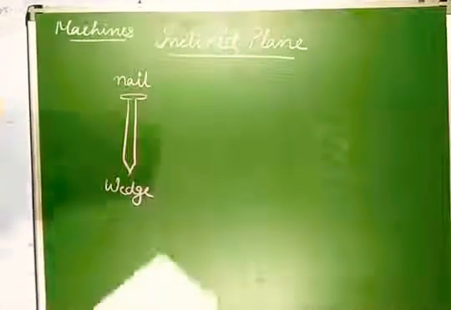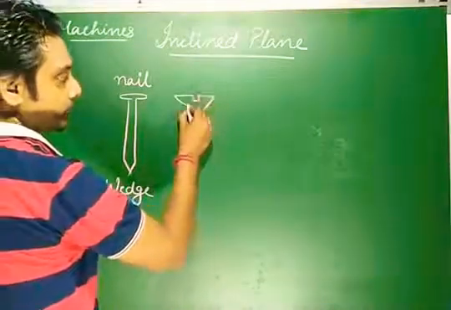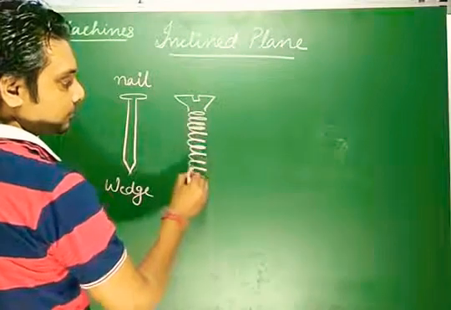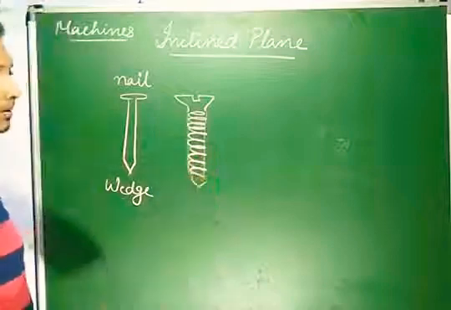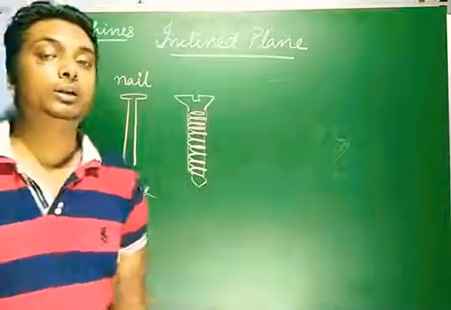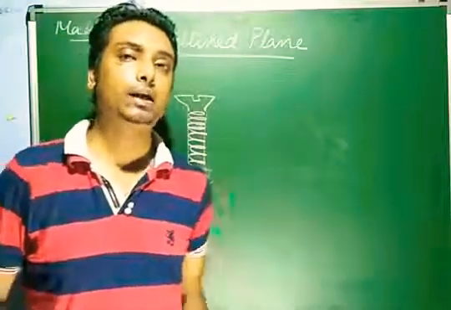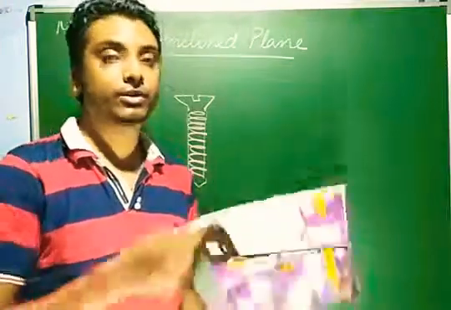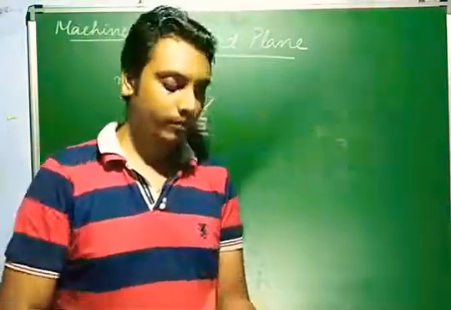Next, you might have seen a screw. A screw looks like this. This is also an application of a wedge, which is an application of an inclined plane. Then drill bits and jar lids are all kinds of wedges.